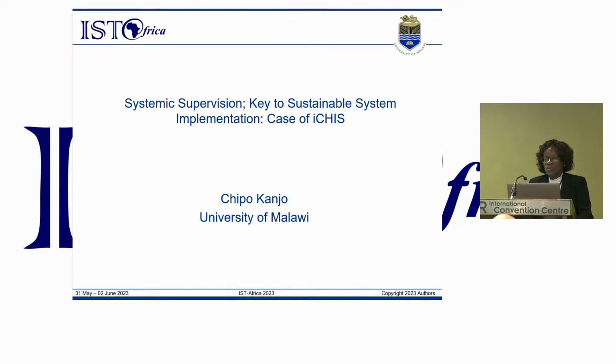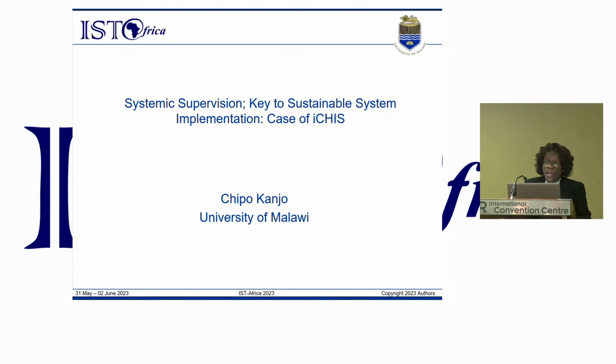This is a case of the integrated community health information system, a system which we are developing for the Ministry of Health for Malawi. The background being that before, we used to have so many fragmented systems, even at community level, whereby the community health workers would have so many gadgets for different programs.